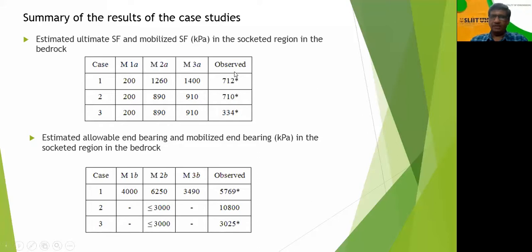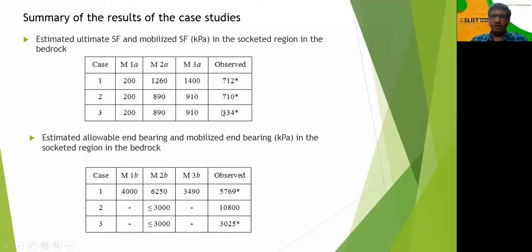What we get here is the observed value, which has not come to the ultimate value yet, so you can actually mobilize a little bit further. What is mobilized in case 1 is about 712.